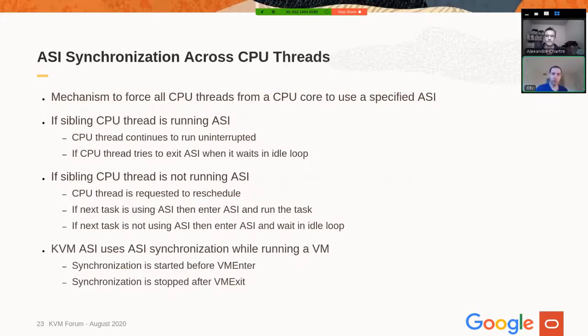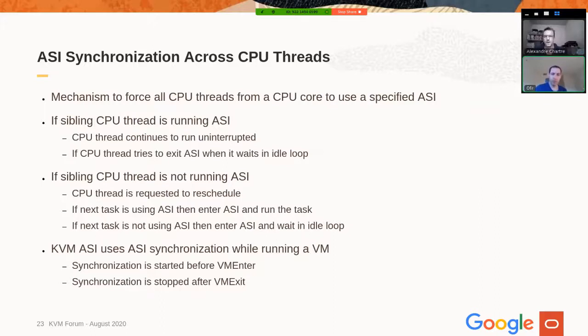Now, a more complex mechanism that we are also using is the synchronization across CPU threads. As I mentioned, for KVM ASI, when you enter a VM, you need to make sure that the sibling CPU is also running the KVM ASI. So we need a mechanism to force all the CPU threads from a CPU core to use a specified ASI.